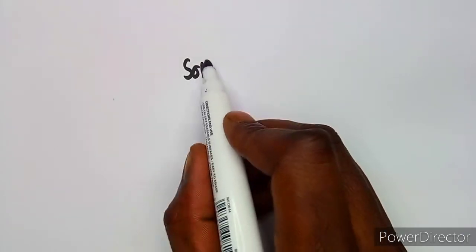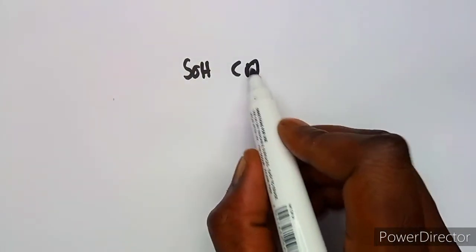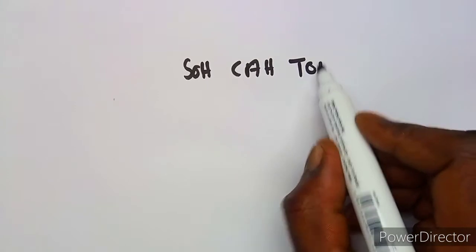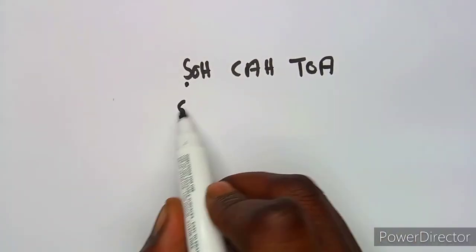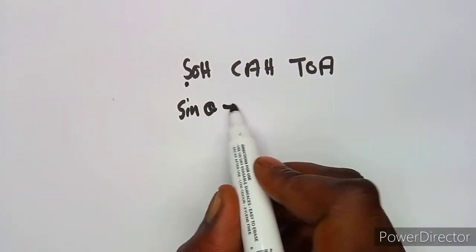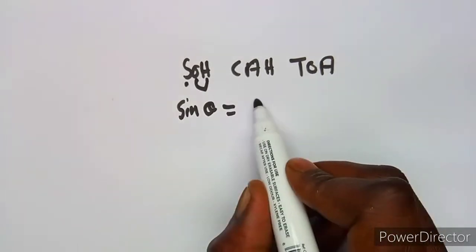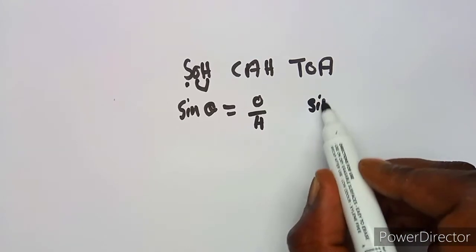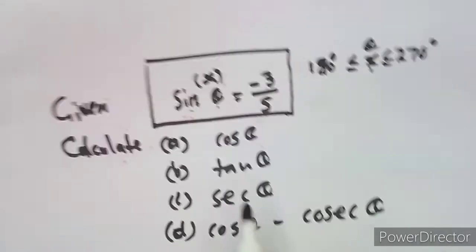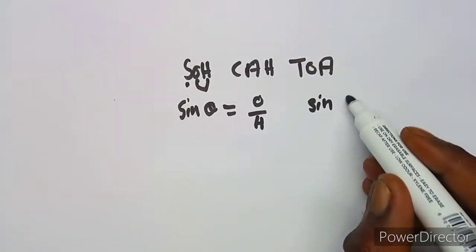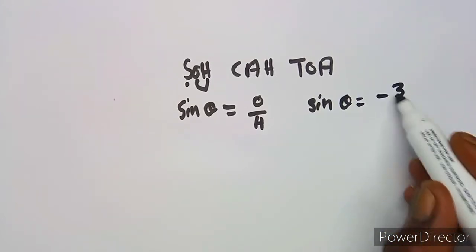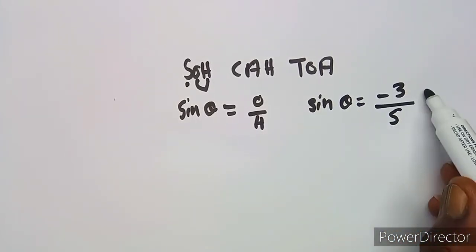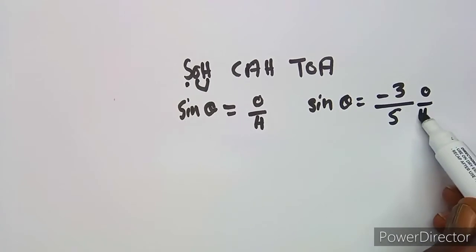From your SOHCAHTOA, remember, guys, you know that sine theta or sine x is equivalent to opposite over the hypotenuse. So the sine that we are given here, sine theta equal to -3/5, represents the opposite over the hypotenuse.